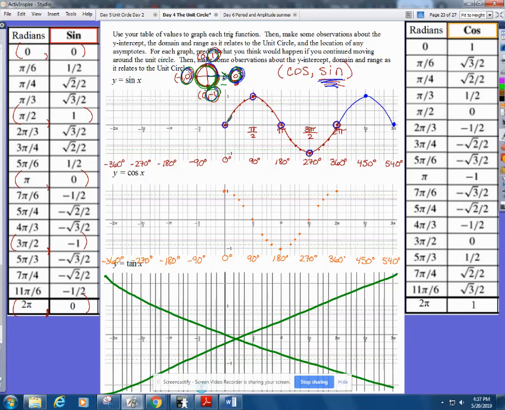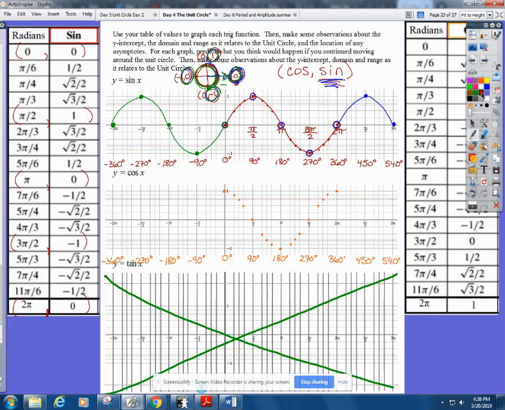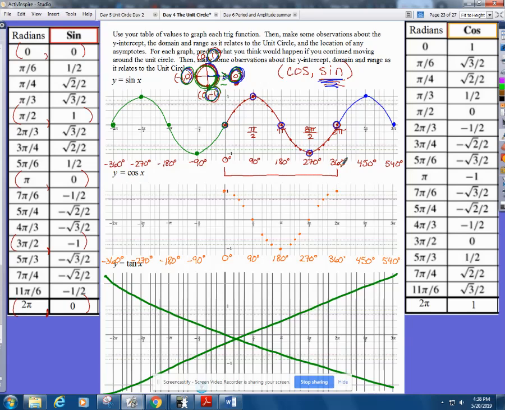So what would that look like? I'd start at 0, then to negative 1, then back to 0, then to positive 1, and then back to 0. That would be a rotation in the negative direction around the circle. So that's a sine curve, but what we saw is that from 0 to 360, or 0 to 2 pi, is actually 1 rotation around the circle.